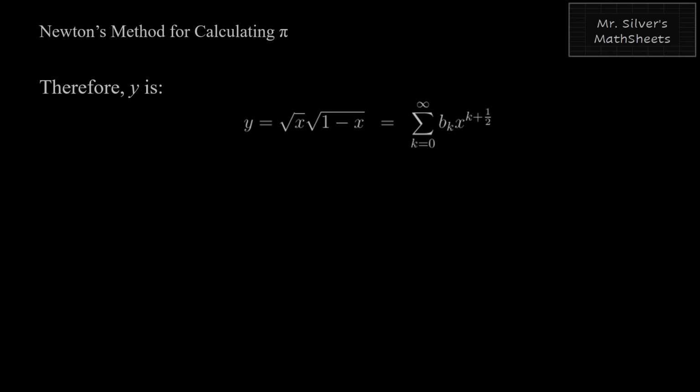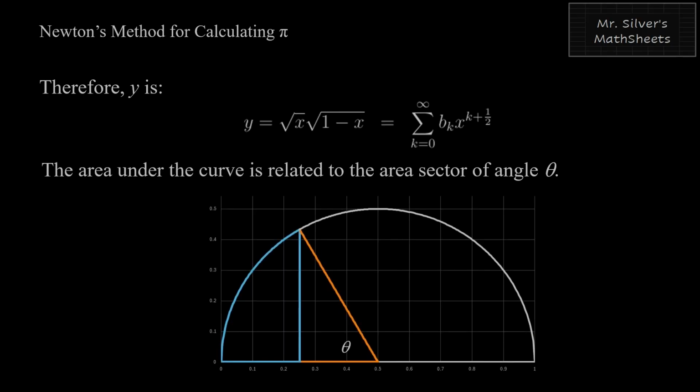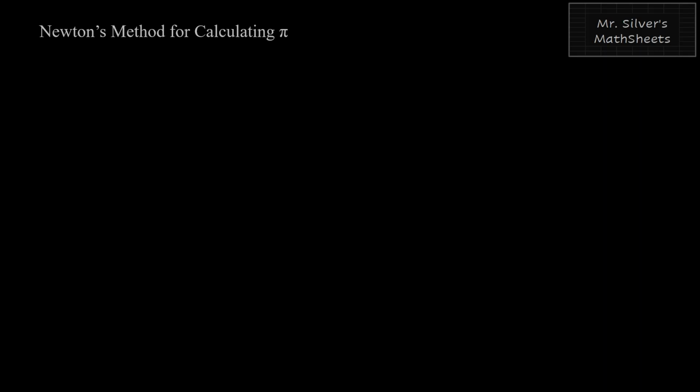Therefore, y was this expression, and we could find the area under the curve. This is the blue area here. We could find the area under the curve using integration.